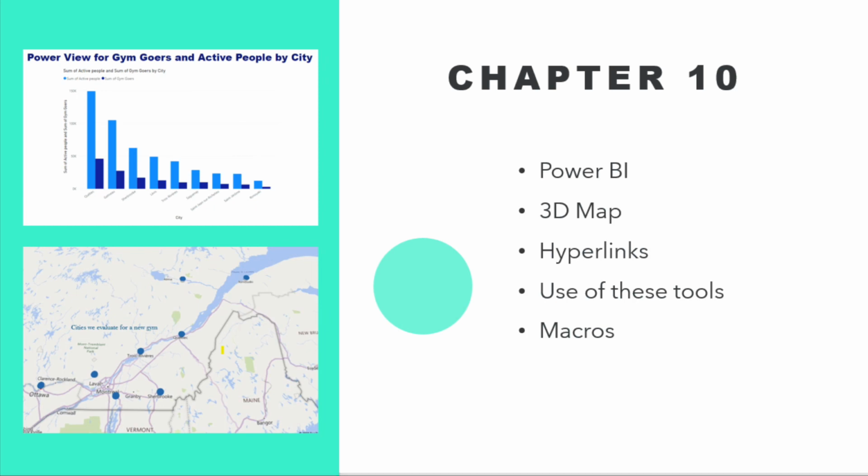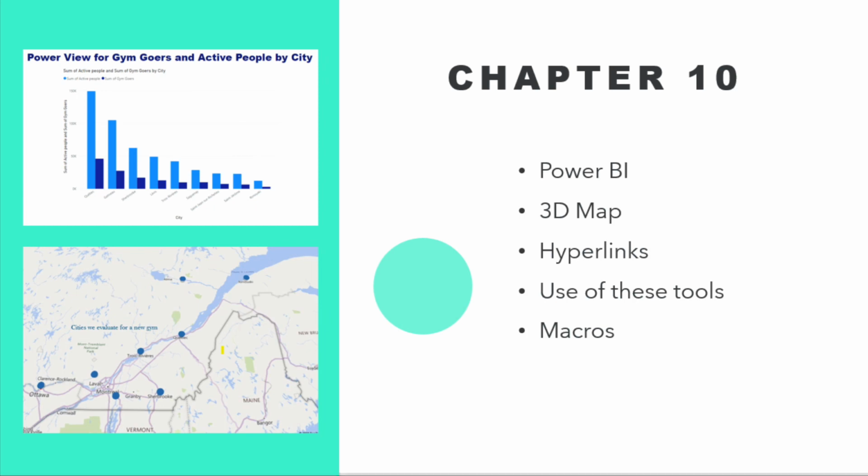So as you can see on the left, I used some of my learnings in chapter 10 to create a document for my gym. So basically, the document is about the number of gym goers and active people in 8 of the biggest cities in Quebec.